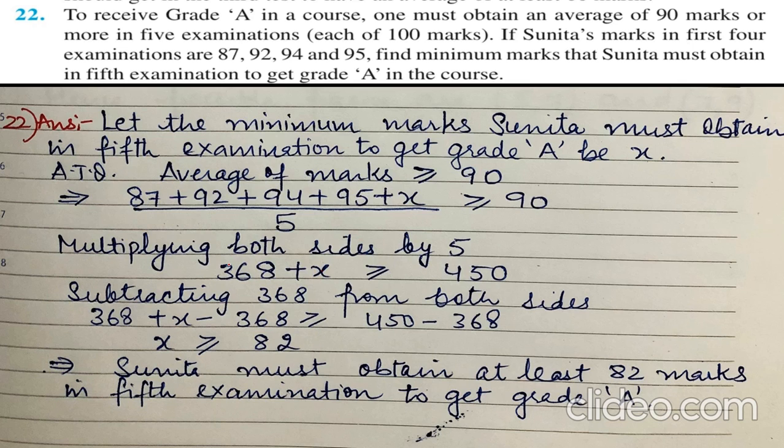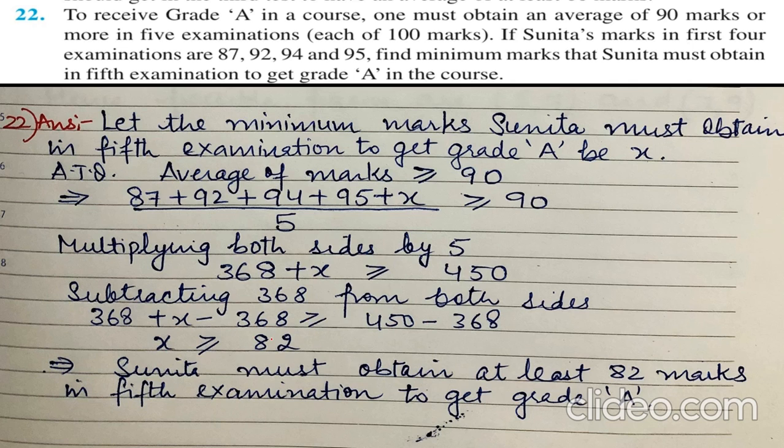So left hand side becomes 368 plus X greater than or equal to 90 into 5 is 450. Now subtracting 368 from both sides, 368 cancels out in left hand side, we are left with X, and subtracting 368 from 450 we get 82.